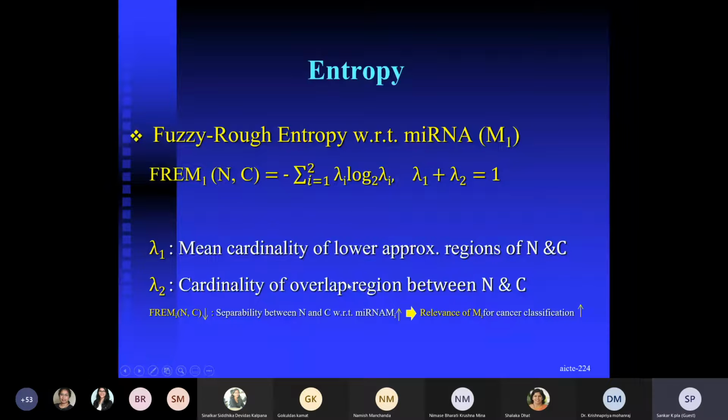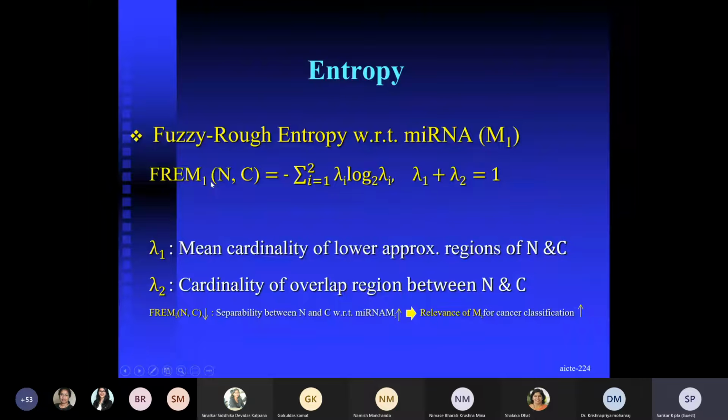And if you can see that if this value is lower, it means the separability between normal and cancer increases. So this increasing means the separability between normal and cancer class with respect to microRNA M1 is increasing. That means the relevance of the microRNA for cancer detection is increasing.